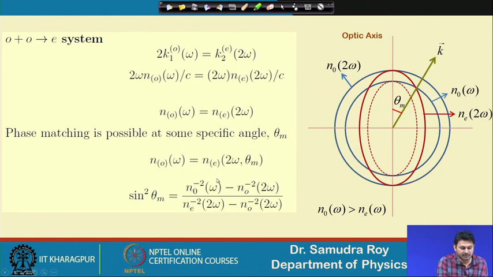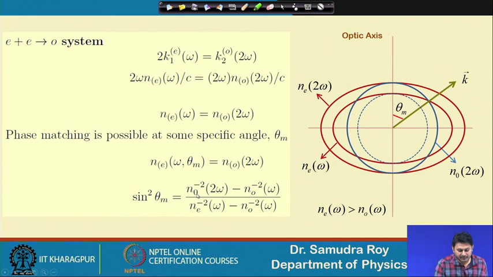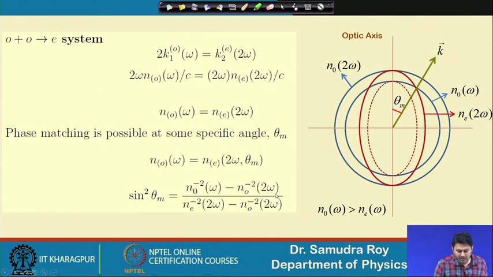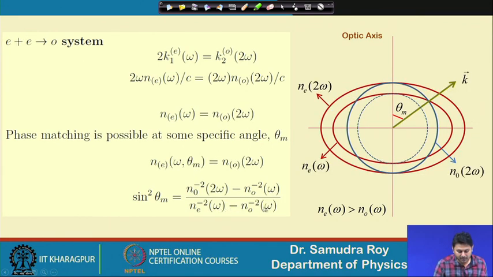So, there are two systems. Please note that this is the OO to E system, and in this particular system I have the refractive index of the ordinary wave at frequency omega, and here we have the refractive index of the ordinary wave at frequency 2 omega. Other terms look quite the same, but in this case it is 2 omega, 2 omega, 2 omega, but here omega, omega, omega. So, I suggest you please calculate these things on your own.